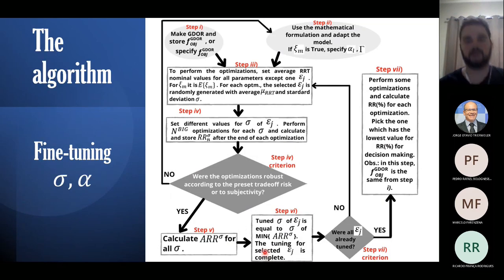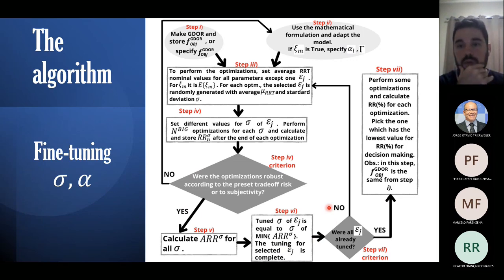Okay. The tuning for selected epsilon j is complete. Now, were all your normal uncertainties already tuned? If no, you go back to step 3, and you're going to do this over and over again until everyone is fine-tuned here.